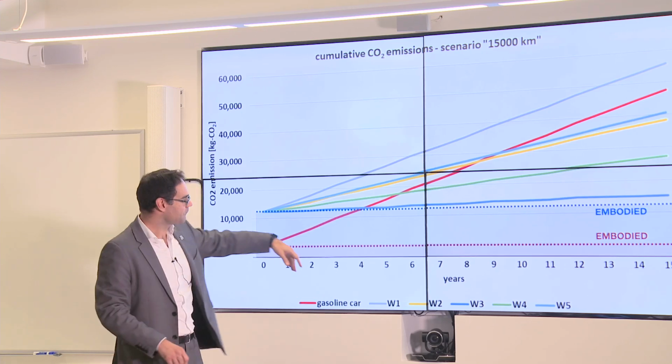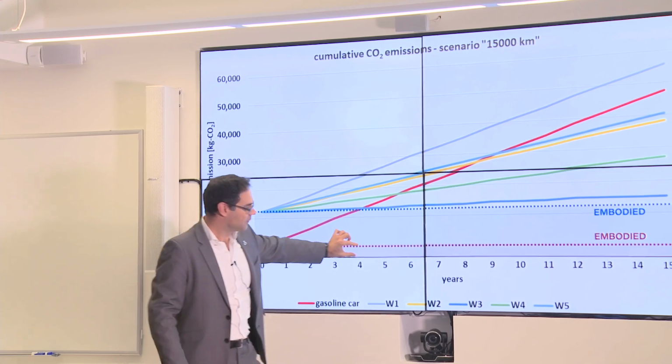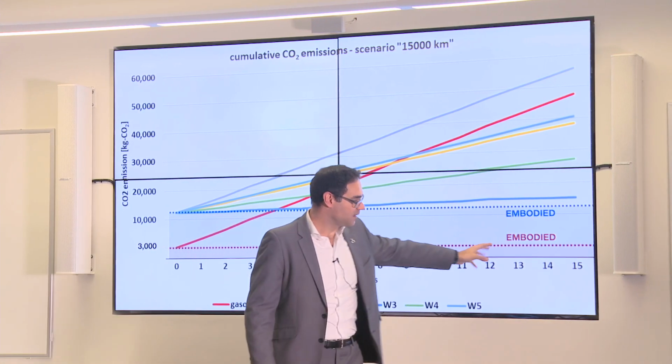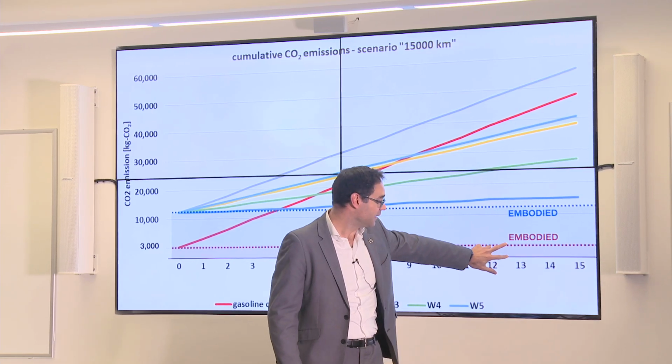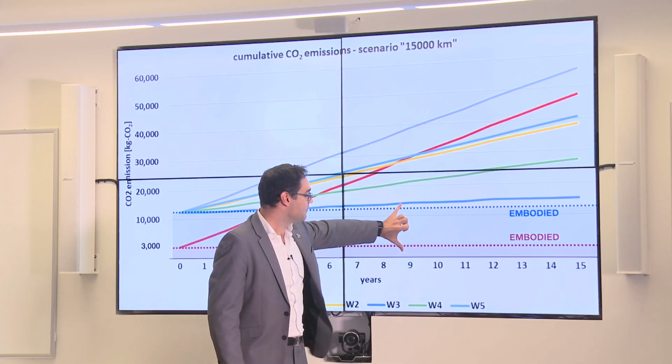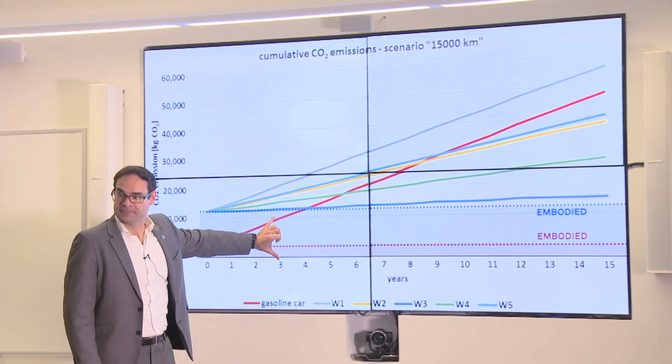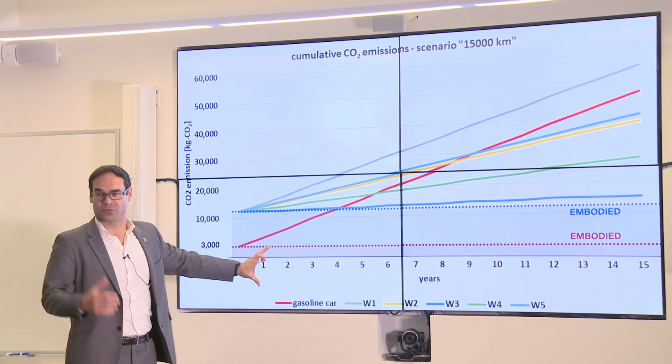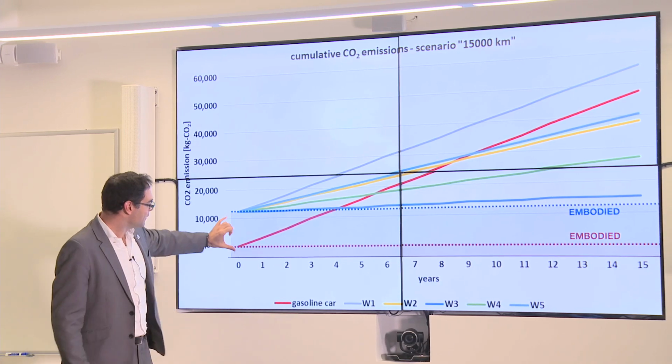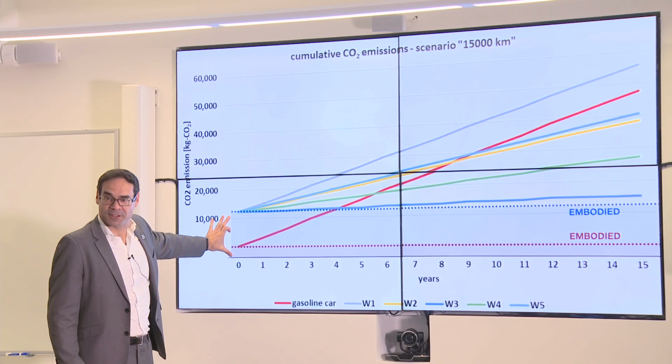This is the embodied energy in the combustion car. This is the embodied energy in the electric car. As you can see, because we have a battery, the embodied energy in the electric car is bigger.